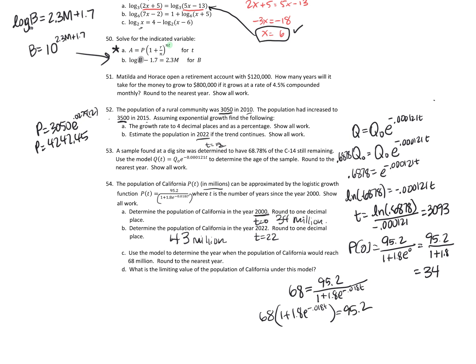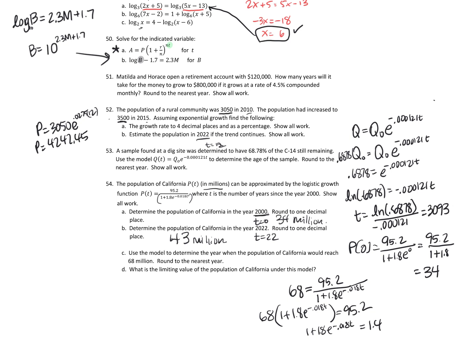Now I can go ahead and divide that 68 over so I don't have to deal with it. So I have 1 plus 1.8 e to the negative 0.018 t. If I divide 95.2 divided by 68, does that give me something nice? Oh, it's 1.4. Okay, I could set that equal to 1.4.